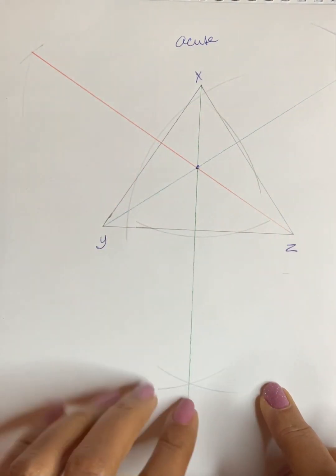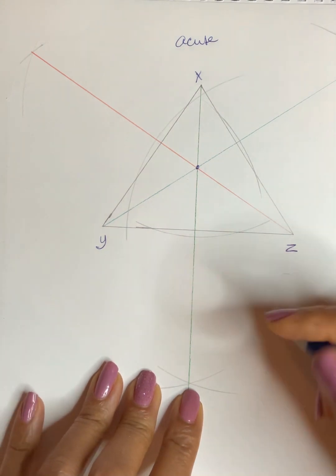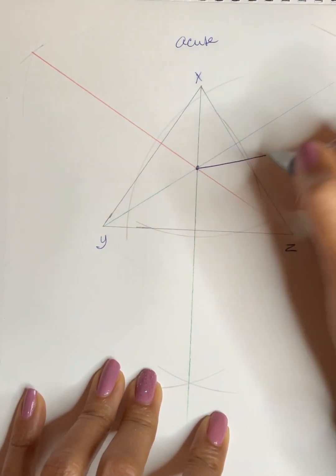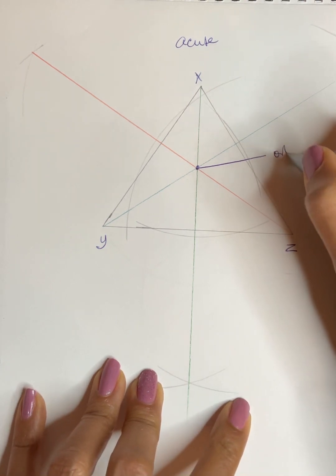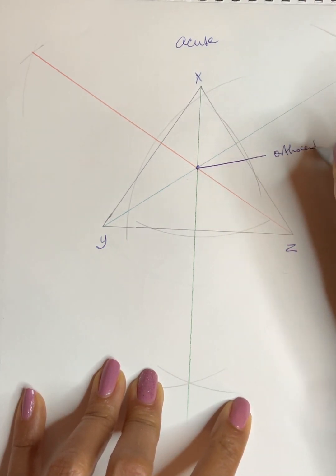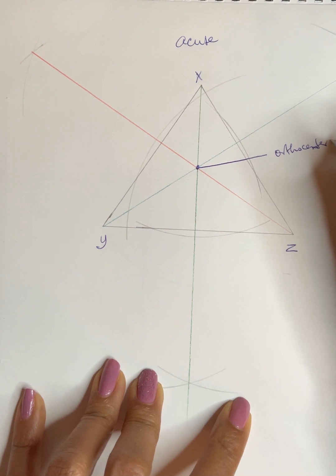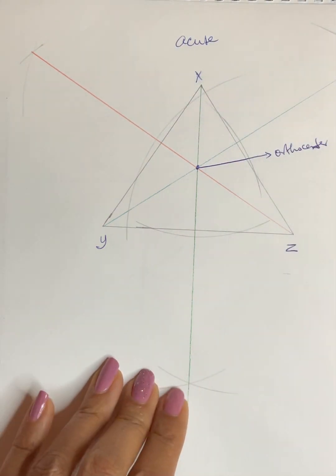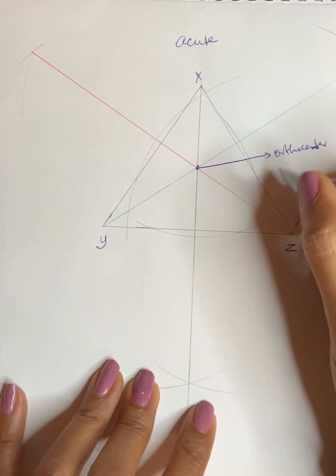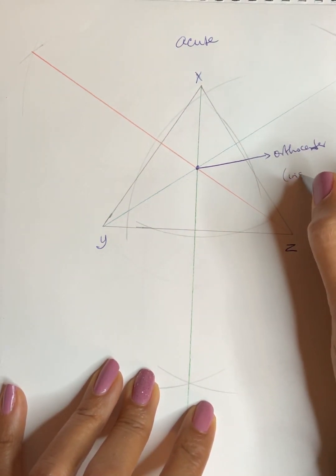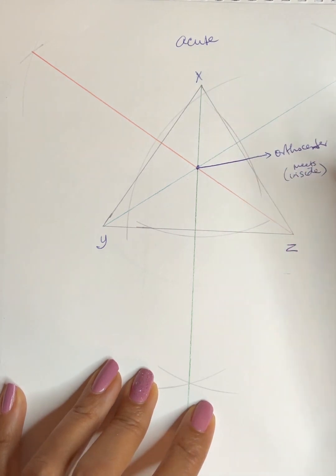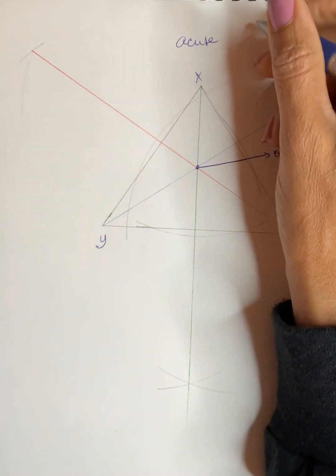I created it beforehand. Didn't want this video to be long and drawn out. So it's meeting inside, and this is what we call our orthocenter. Point of concurrency, this is our orthocenter. And this meets on the inside of the triangle. Meets inside, and this is an acute triangle.